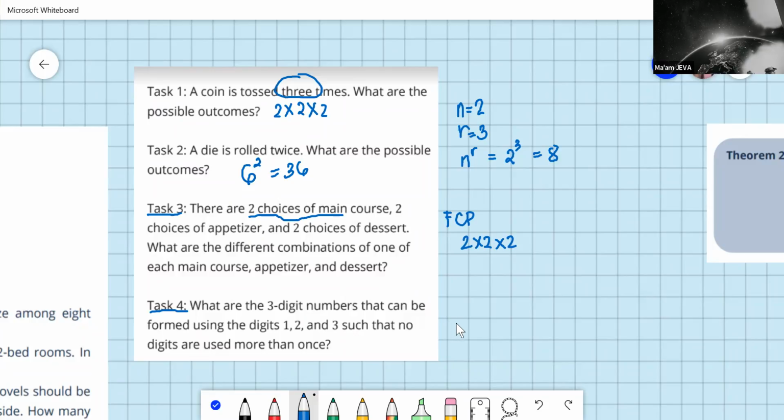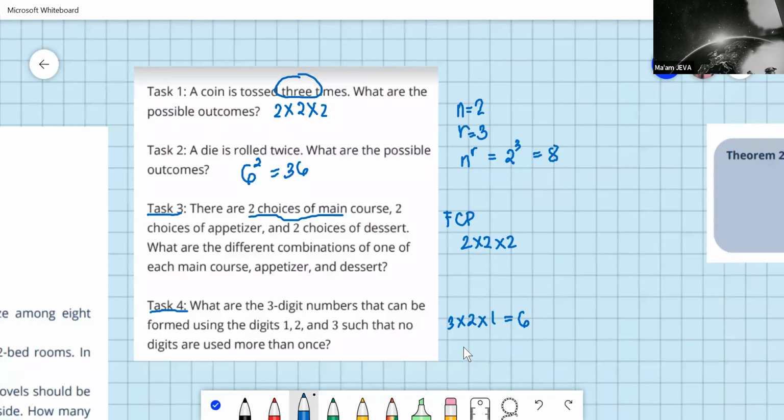This is 3 times 2 times 1. Do you still remember this? Therefore, 6 possible outcomes.